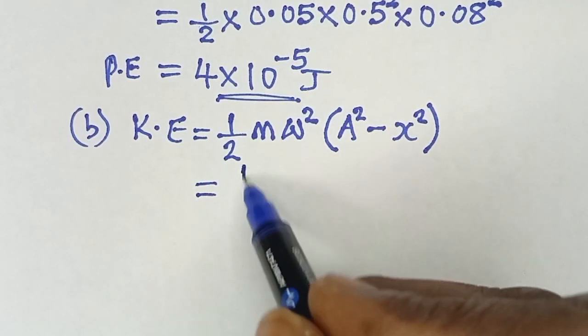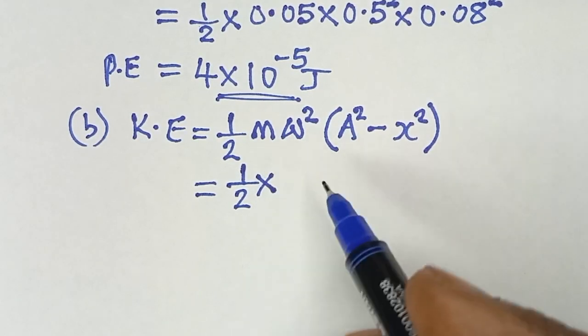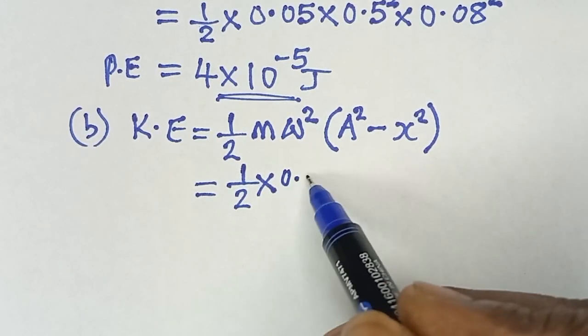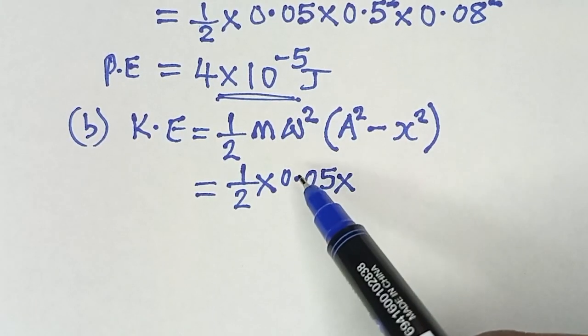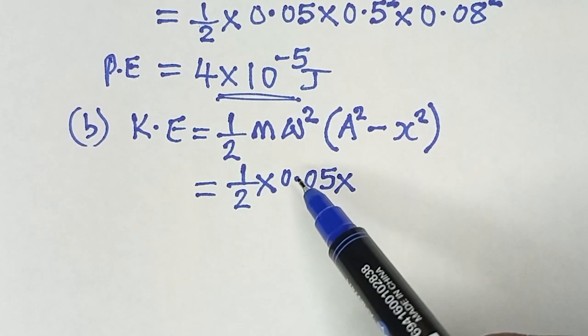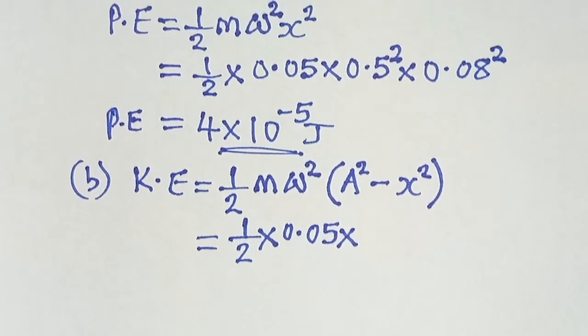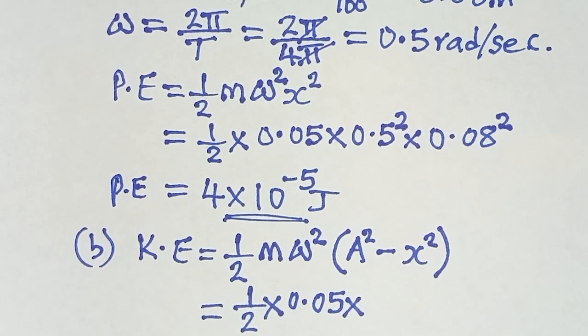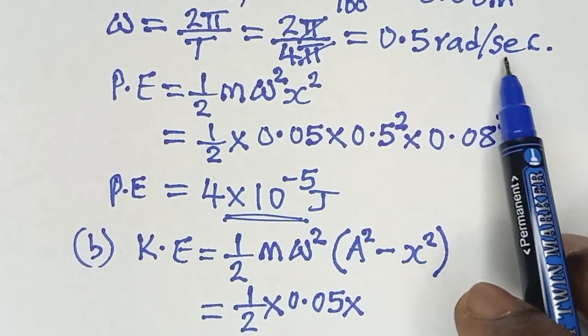Then now we can substitute values so that we get that kinetic energy. So I say half multiplied by the mass, which is 0.05, multiplied by the angular velocity, which is 0.5. Let's not forget that value. In case you have forgotten, let me show you here. This is the angular velocity, 0.5 radians per second.